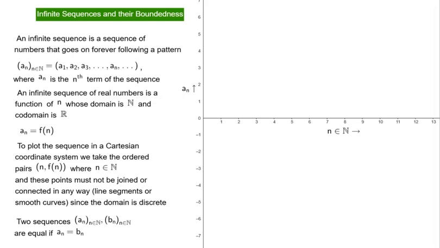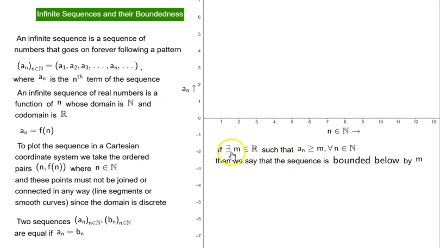Now, if there exists m in real numbers such that a sub n is greater than or equal to m for all n in natural numbers, then we say that the sequence is bounded below by lowercase m.